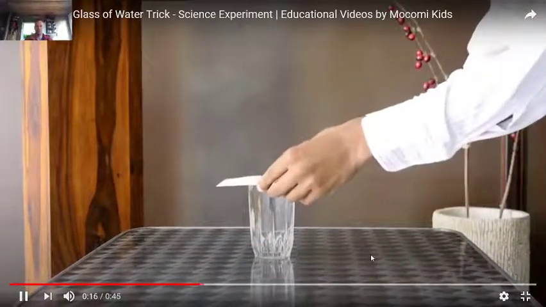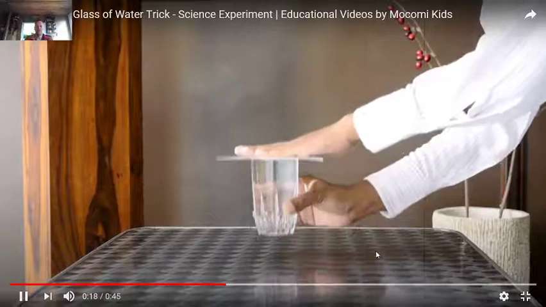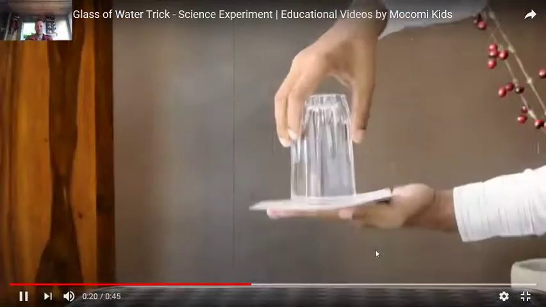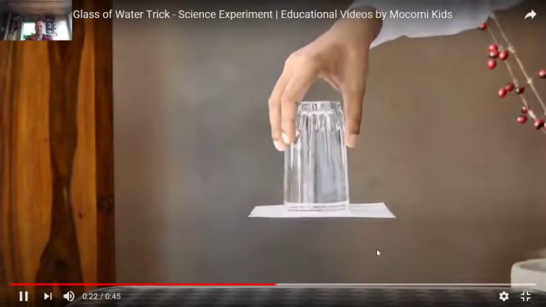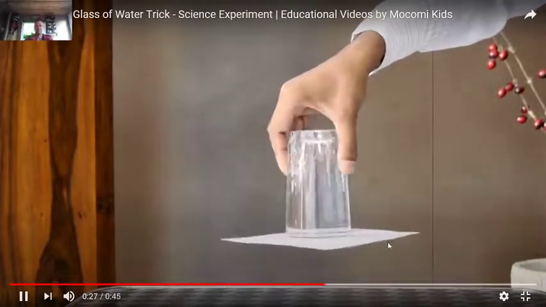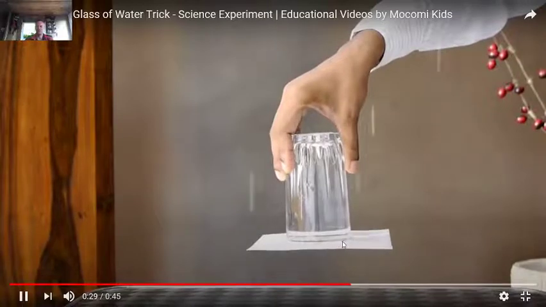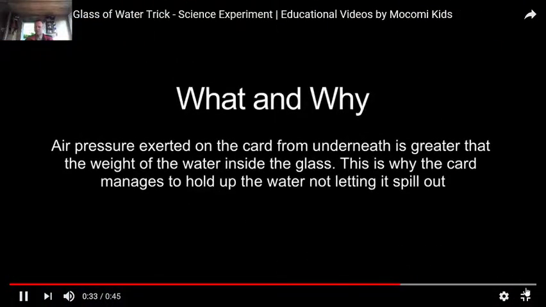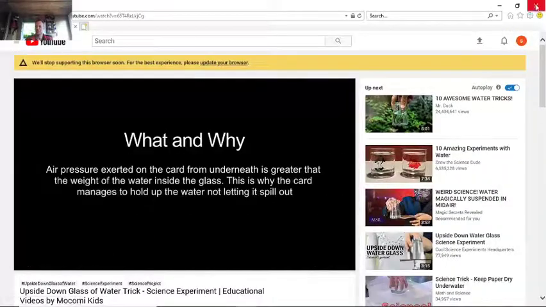All you do is place the piece of card over the top, and then you turn it upside down. Very carefully take your hand off, and lo and behold, the card stays there. Cool trick. Now, if you get a seal broken there at all, you will end up having water absolutely everywhere, hence do it over the sink.